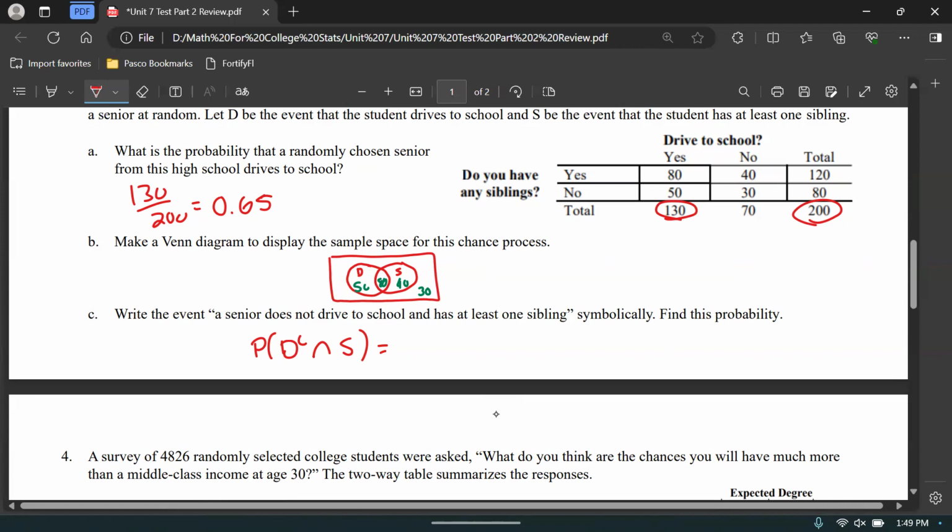Does not drive to school: no. Has sibling: yes, that's 40. 40 out of the total amount of people, which is 200. So 40 people do not drive to school and have a sibling out of 200 people in total. So this comes out to be 20% or 0.2, if you want to put it like that.